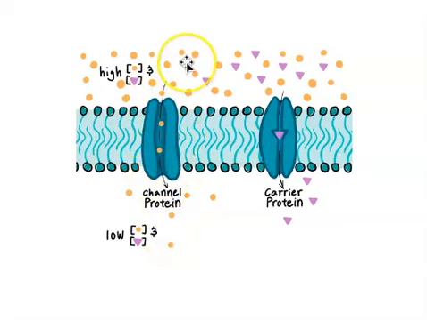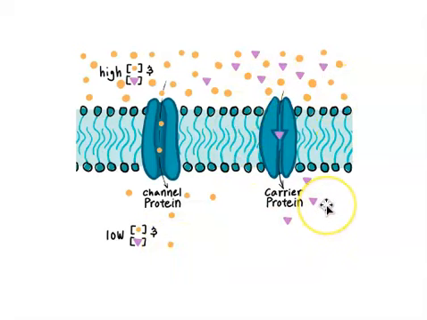And it's going to travel from the high concentration side through the protein towards the low concentration side. And it will keep flowing through that channel protein until the gradient is gone, until there are equal amounts of yellow circle on both sides of the membrane.